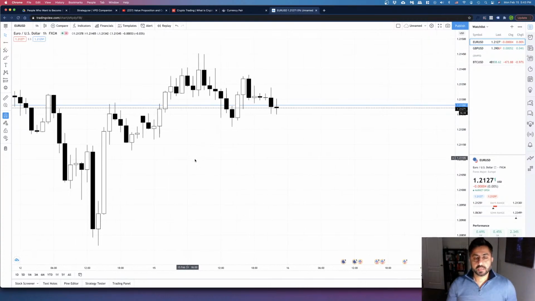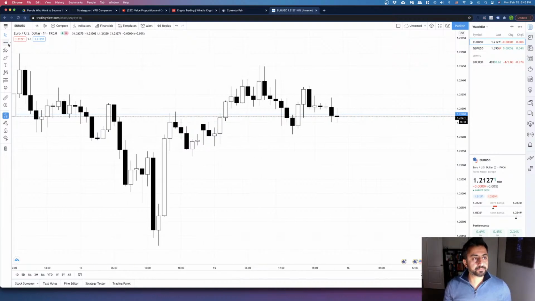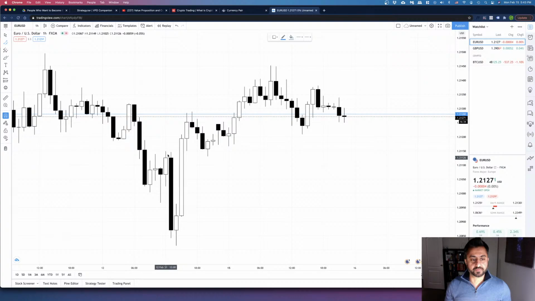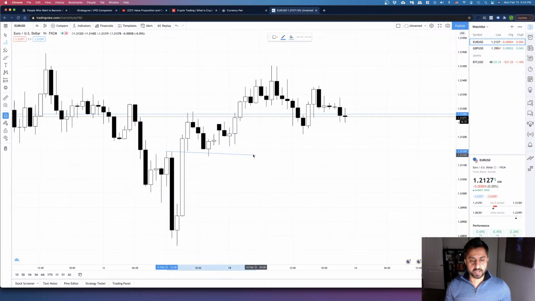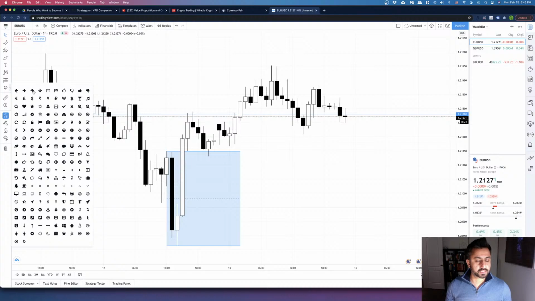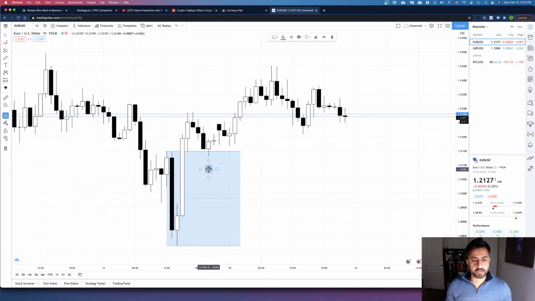Okay, as I was looking at the chart, these were a couple of trades I took. I'm going to highlight and then explain the reason for those trades. I took this trade. If I can draw this here, I took the bounce here. That was one of the trades I took.